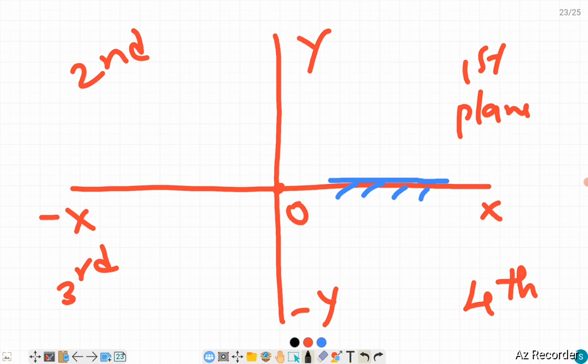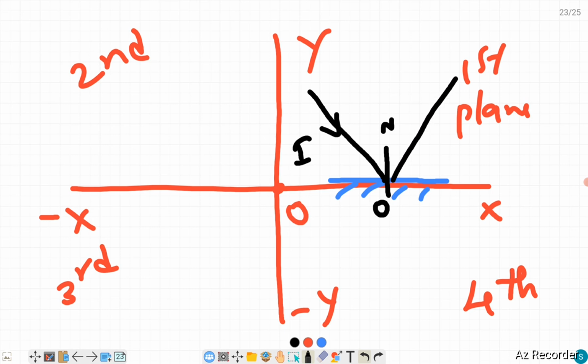Now the light ray I am taking here. This is incident ray. Then this is point of incidence, normal. How will be the reflected ray? To the other side of the normal. Correct. So here you have to take the reflected ray. Now observe here at the point of incidence, incident ray, normal and reflected ray.